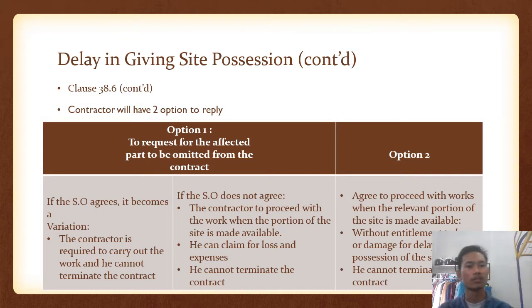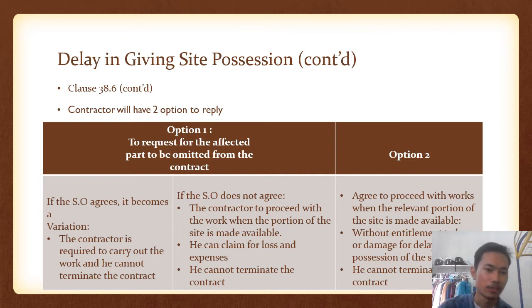Continue on clause 38.6. The reply of contractor have two options. First option, to request for the affected part to be omitted from the contract. If the SO agree, it becomes a variation.